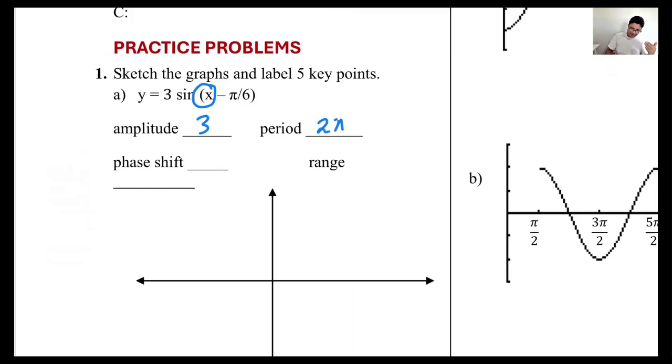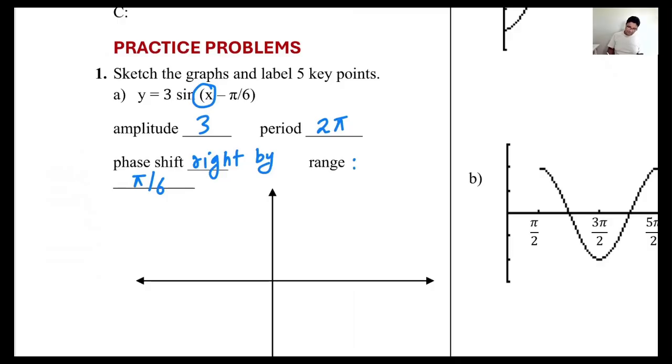Period of sine x is 2 pi. What does that minus pi over 6 do then? That is your horizontal shift. And if you are subtracting, that means you have shifted to the right. Okay. Right by how much? Pi over 6.